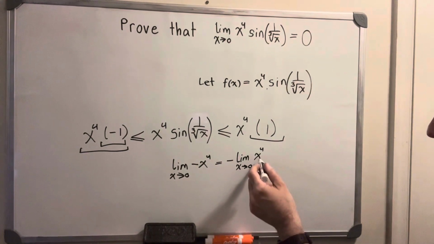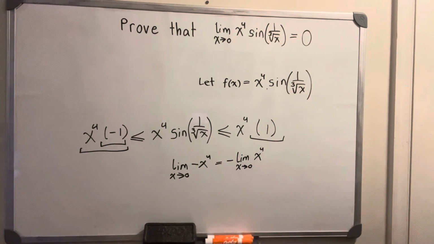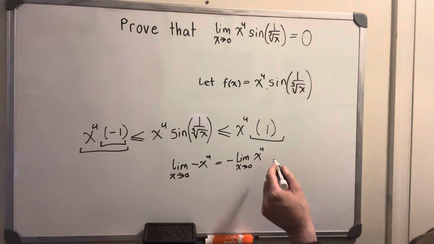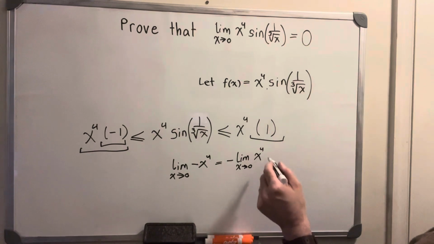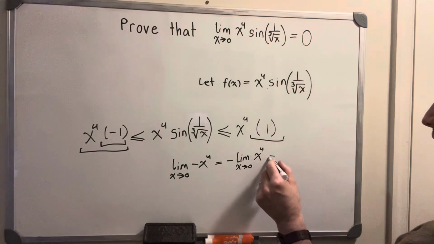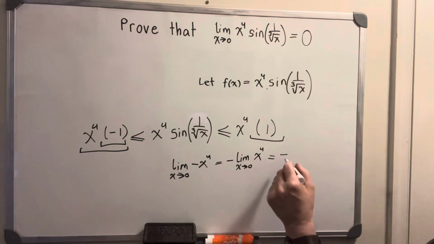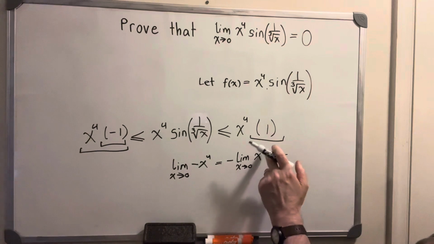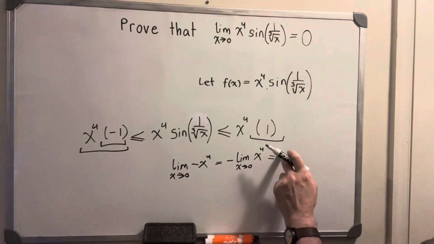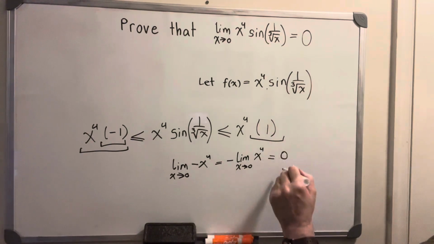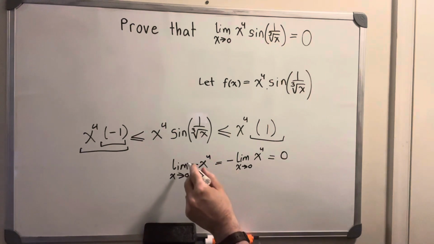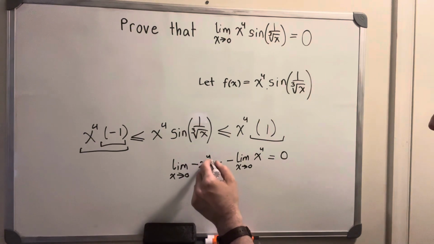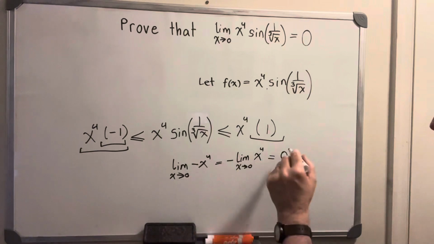You can consider this function, x to the 4th, basically a polynomial function. And do you remember the polynomial limit theorem? That we can plug in the value. So this is negative. But if you plug in 0 into x to the 4th, it's just 0, -0, 0, right? So the limit of -x to the 4th as x approaches 0 is 0.